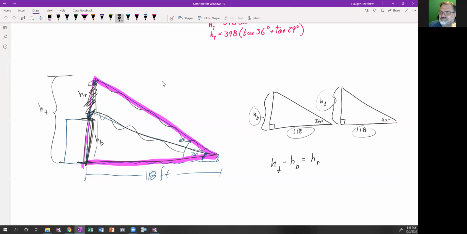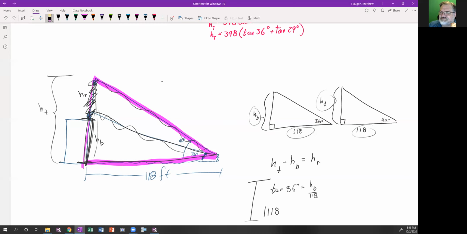If you end up really wanting to see the rest of those calculations, we could write it out. The tangent of the 36 degrees is equal to the height to the bottom of it divided by 118. So we'll multiply by the 118.